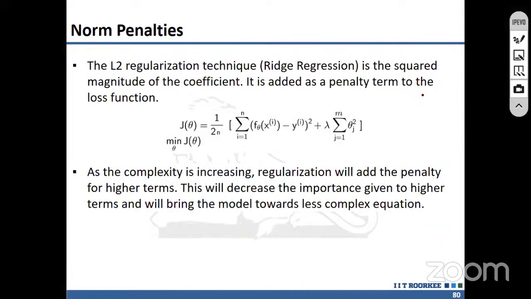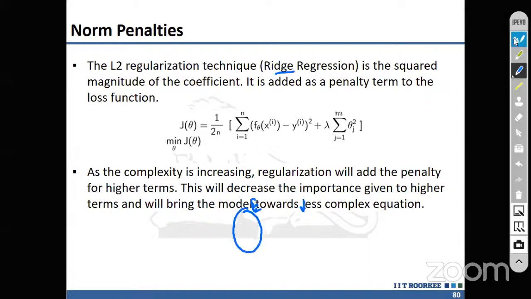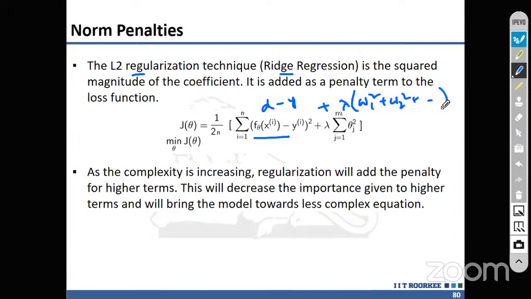There are two regularization techniques: one is ridge, another is lasso. Ridge is called L2. When I add this to the error term, the actual minus predicted, d minus y, the expression is d minus y square plus lambda times W1 square plus W2 square and so on.